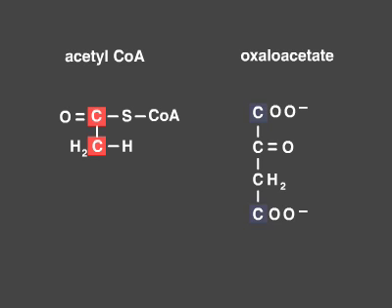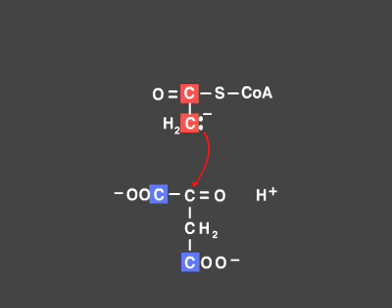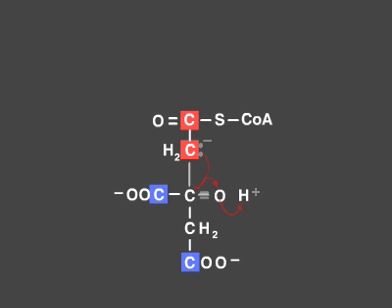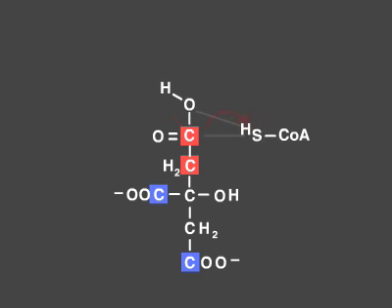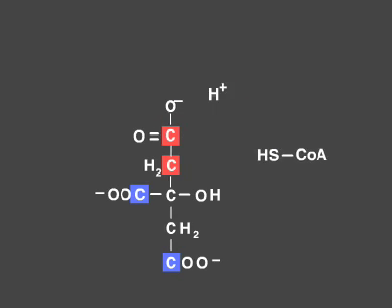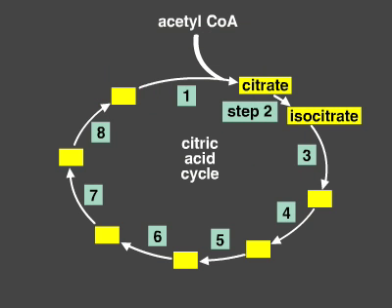The 2-carbon atoms from oxaloacetate marked in blue will be released during this cycle to form carbon dioxide. In the next step of the cycle, citrate rearranges to form isocitrate.